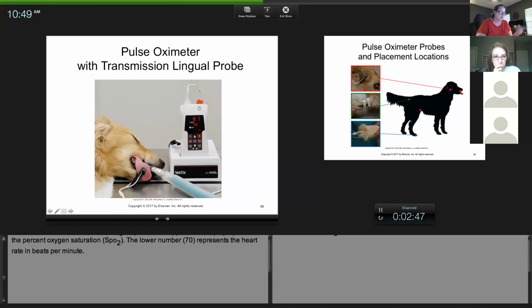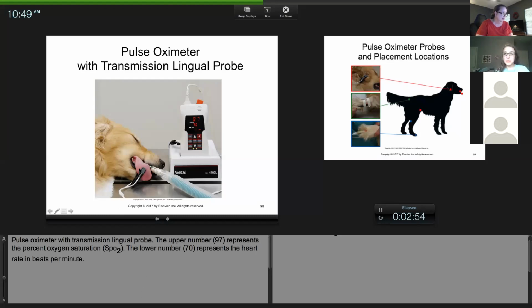So you've got the clothespin, that light would be shining underneath that tongue, okay? So it's going to be underneath, and this is a little portable unit. The numbers you're looking at, and it's hard to see this, 97% is the saturation. Now, this is called a pulse oximeter.